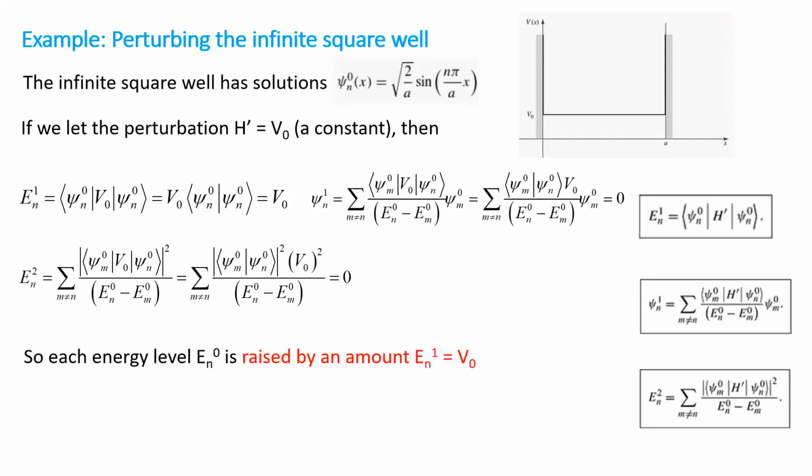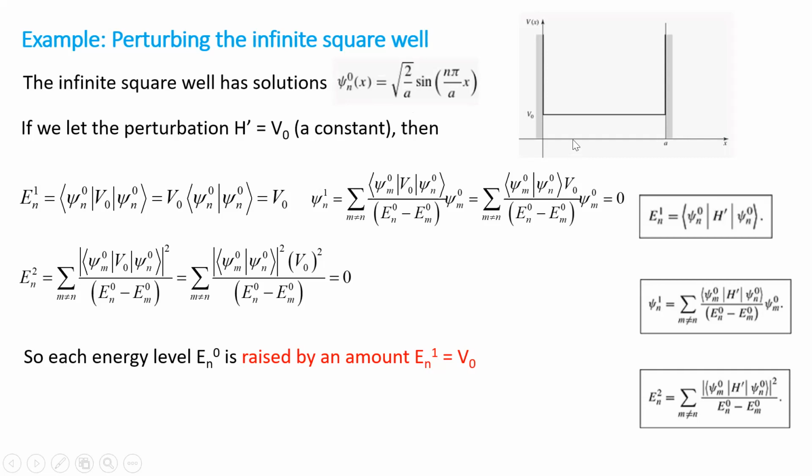So in conclusion, each energy level, En0, of the infinite square well, remember those go up as n squared. We don't have the formula on here, but it's h bar squared pi squared n squared over 2m a squared, if you're counting. I think I got that right, but anyway, En0 goes as n squared, but each one of them is raised by an amount equal to V0.